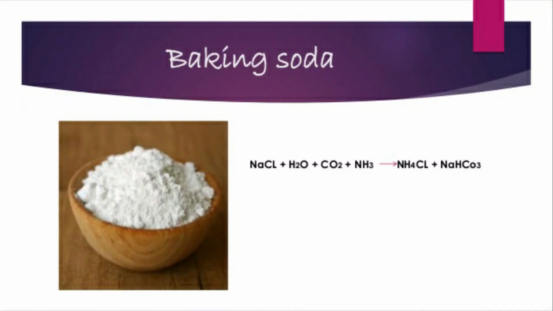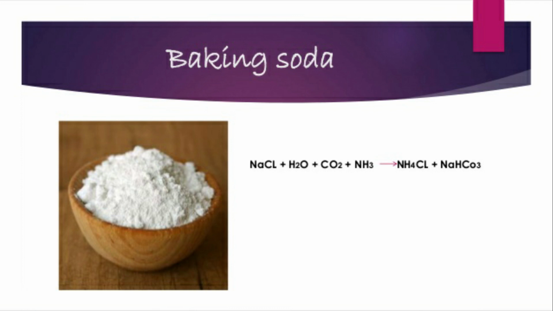Baking soda. Baking soda has a chemical name of sodium bicarbonate. It is a chemical compound with the formula NaHCO3. This sodium bicarbonate is a white crystalline solid, but it often appears as a fine powder. Now, how is baking soda formed?